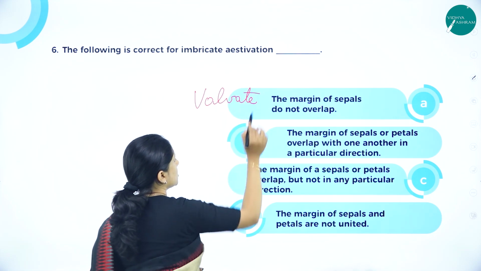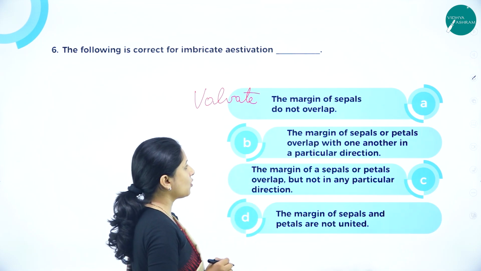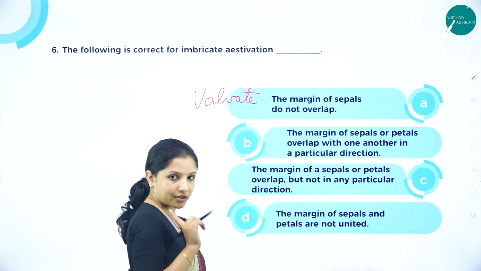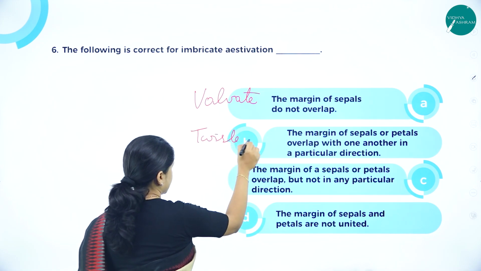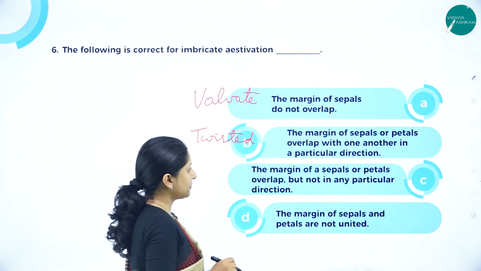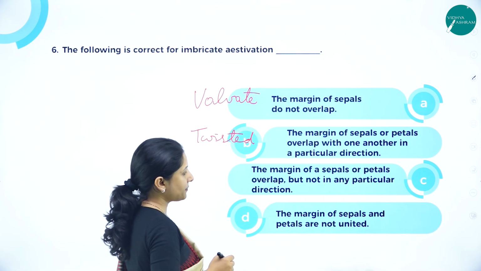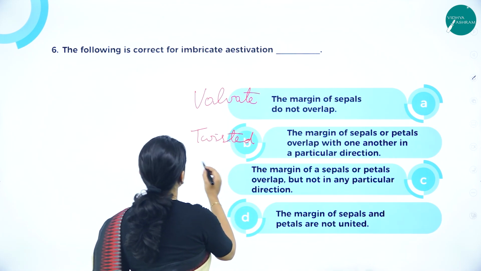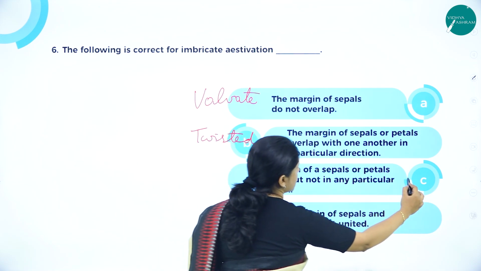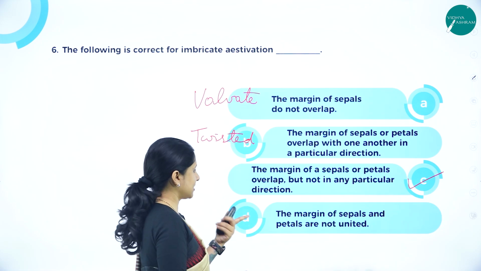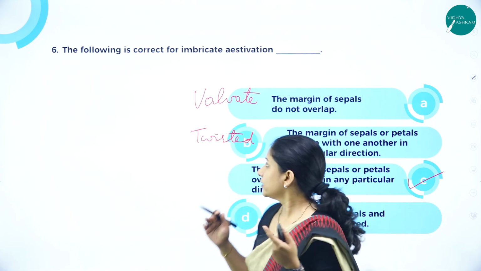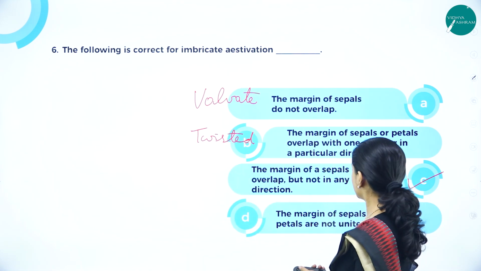If the margin of sepals or petals overlap with one another in a particular direction, it is twisted estivation. If the margin of sepals or petals overlap but not in any particular direction, it is called imbricate estivation. This is the answer. The margin of sepals and petals are not united has nothing to do with estivation. So the right answer here is option C.